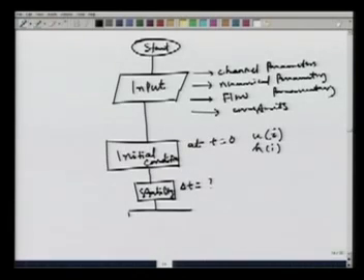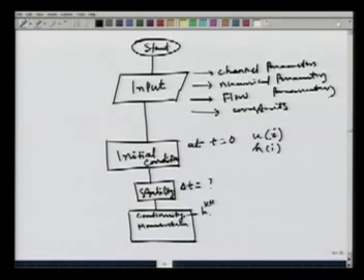So after stability, one should go for the unsteady flow computation, and here you solve the H equation or the continuity equation, and solve the momentum equation. When you solve the continuity equation, you will find H at k plus 1 for all i's except 1 and the last node.